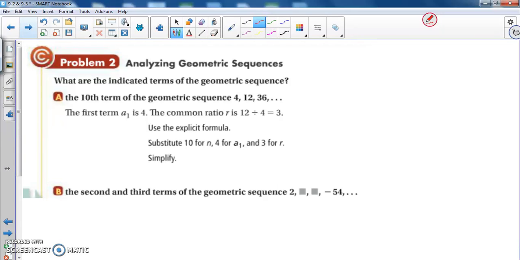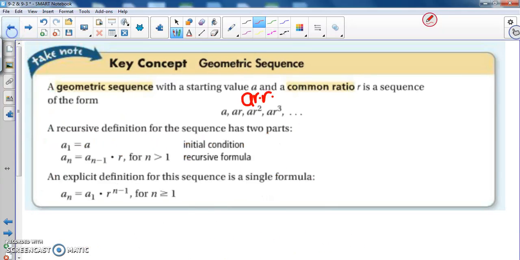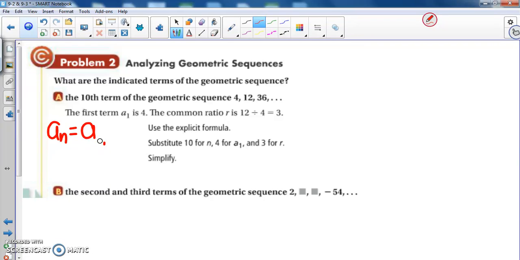If we want to find the 10th term of a geometric sequence 4, 12, 36, we know our first term is a sub 1. Our first term is 4, and our common ratio is 12 divided by 4, which is 3. The explicit formula was a sub n is equal to a sub 1, or our first term, times r to the n minus 1.